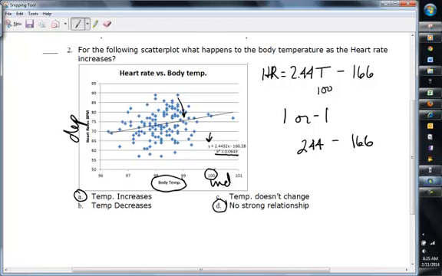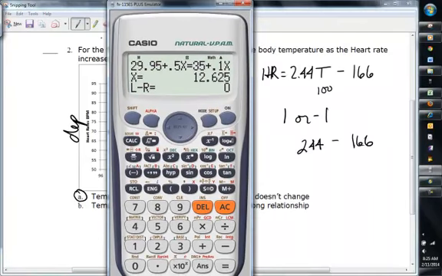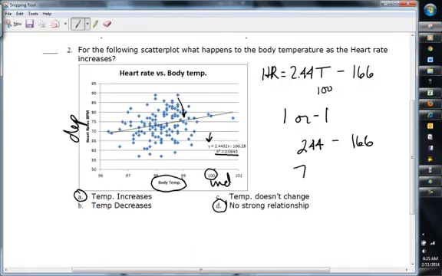Let's see, what is that? 244 minus 166 is 78, so we would expect a heart rate of 78. So if we go from this dot over, notice we are at a heart rate of 78. All right, next one.